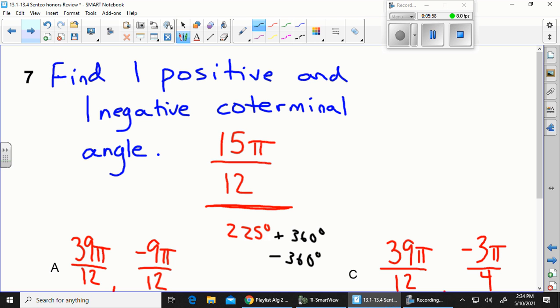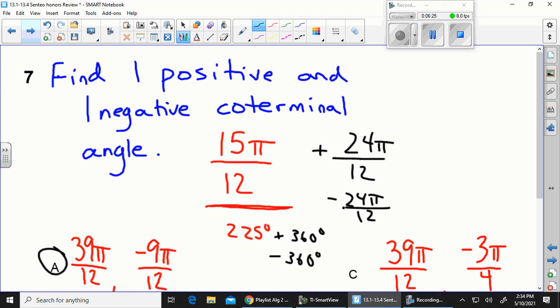In radians, you would be adding 2 pi, which is 24 pi over 12, subtract 24 pi over 12. But you guys will be able to give me these in degrees. So if you have 585 and negative 135, you're good. If you did it this way, you're going to have A.